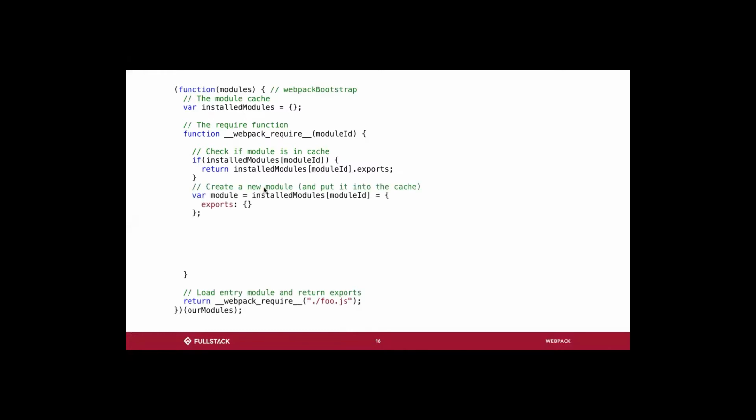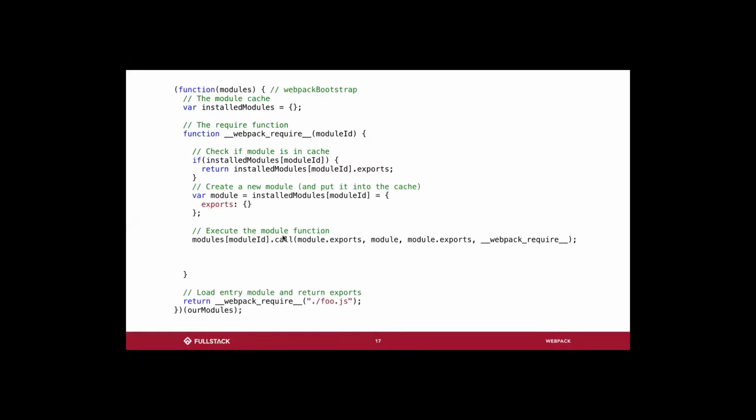If not, then we create a new module and put it into our cache. We have a variable called module, also an object, in installed modules at module ID, and it's just an object that has an exports object. Then we execute that module function.